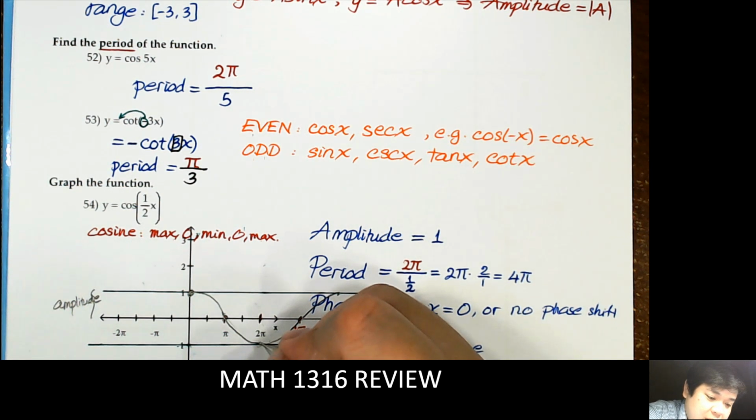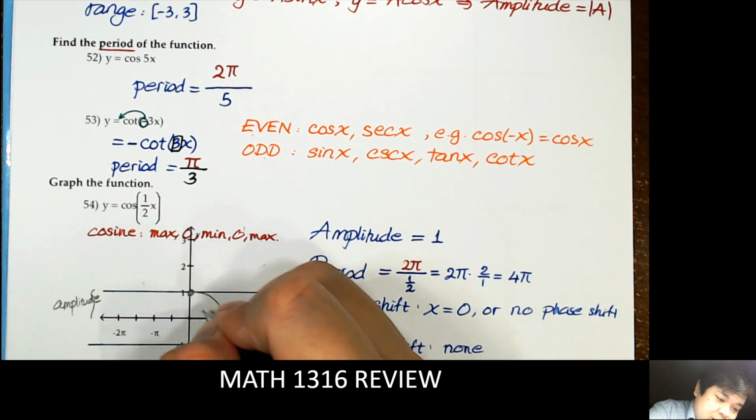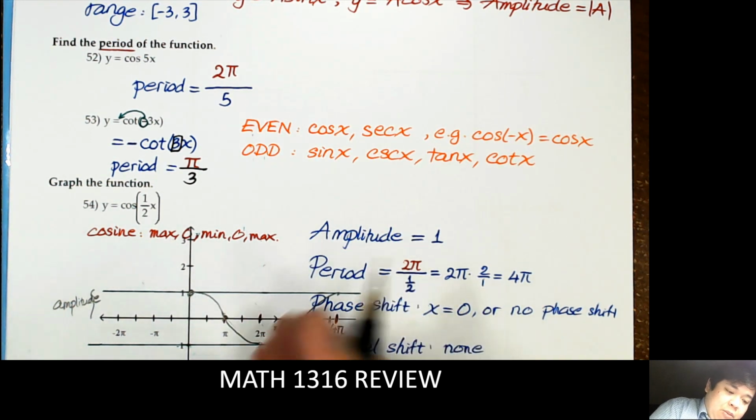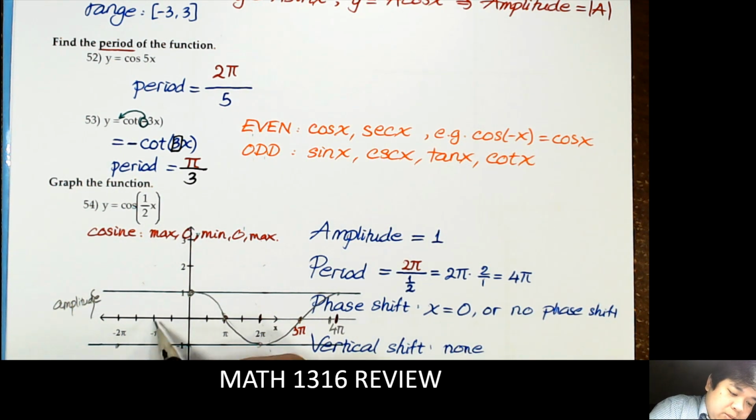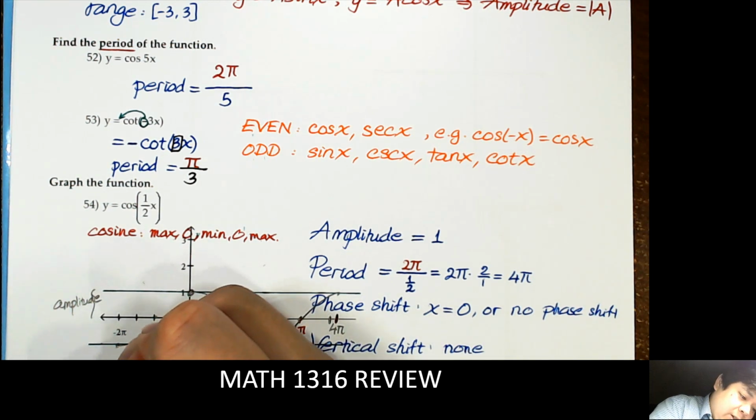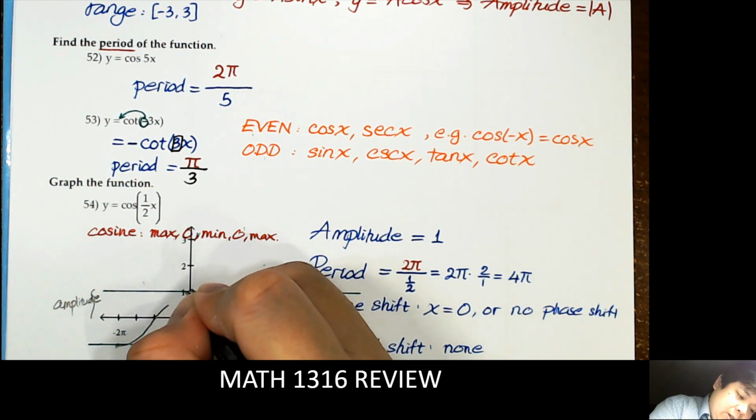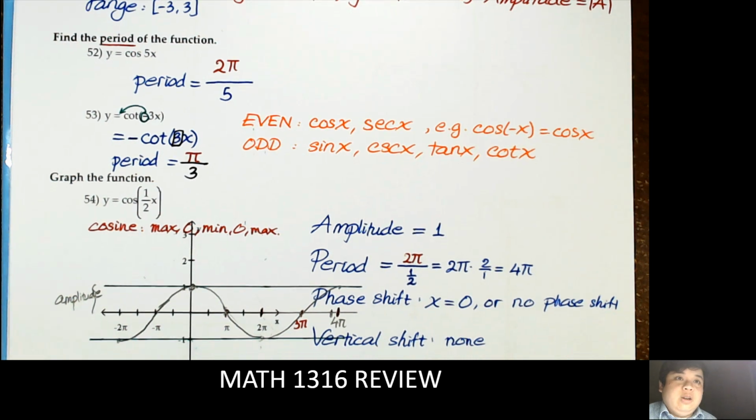Right. Since the graph cuts off about here, we just copy and paste this parent. So from here, it looks like it's going to be minimum, 0. So that's the graph.